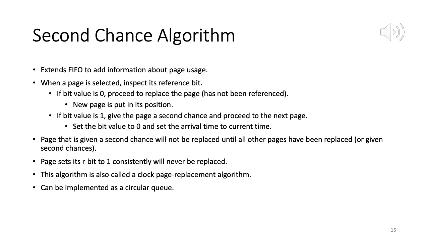And we have seen that page usage information is an essential parameter to help us decide which page to evict. It is absolutely critical. So can we extend FIFO in some way and add some information about page usage? Here we can have 1 bit with each page, just 1, unlike 8 in the previous one. And when a page is selected, we inspect its reference bit.